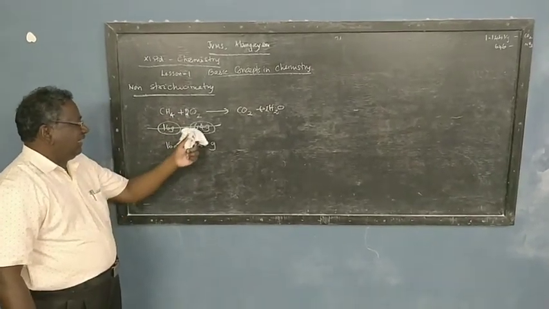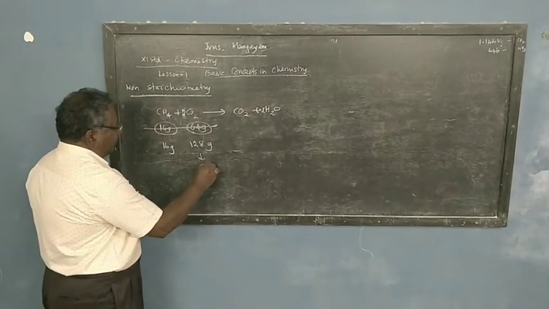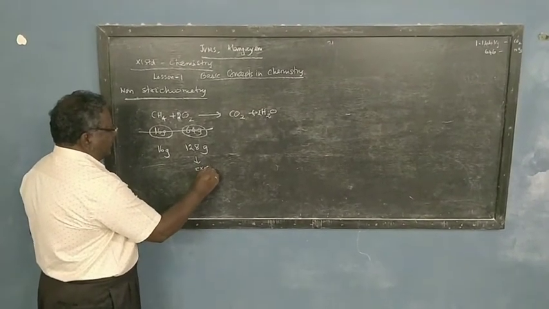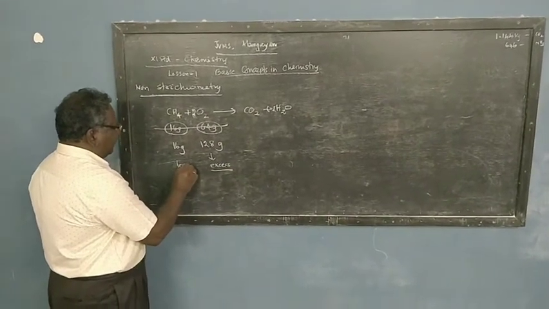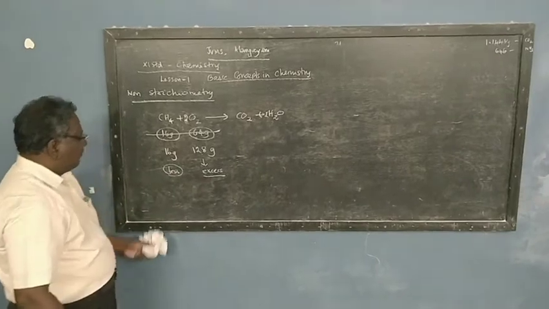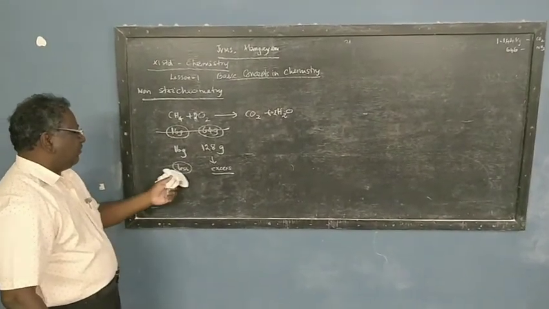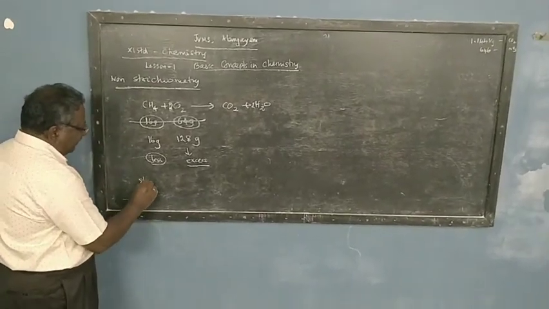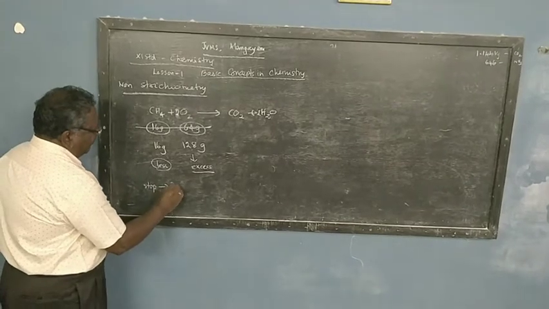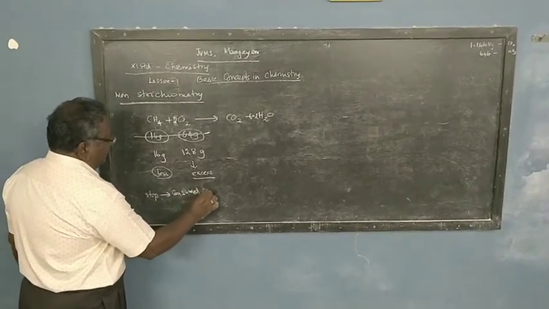Now, how will the reaction proceed? This is taken in excess amount. And this is taken in less amount. So the reactant which is taken in less amount will stop the reaction when it is consumed completely.